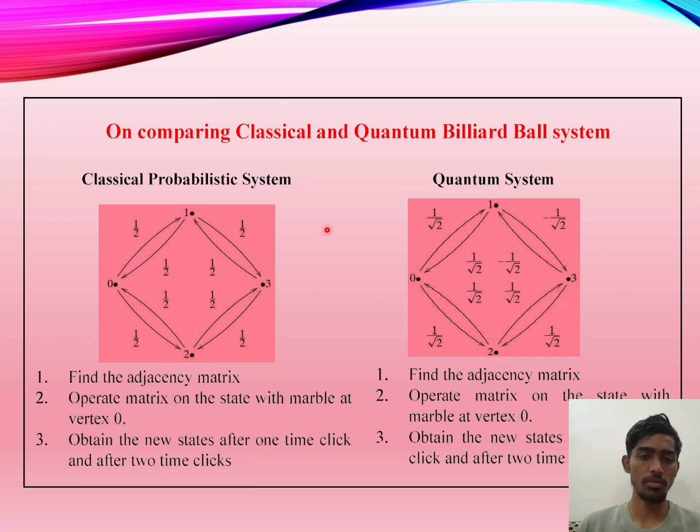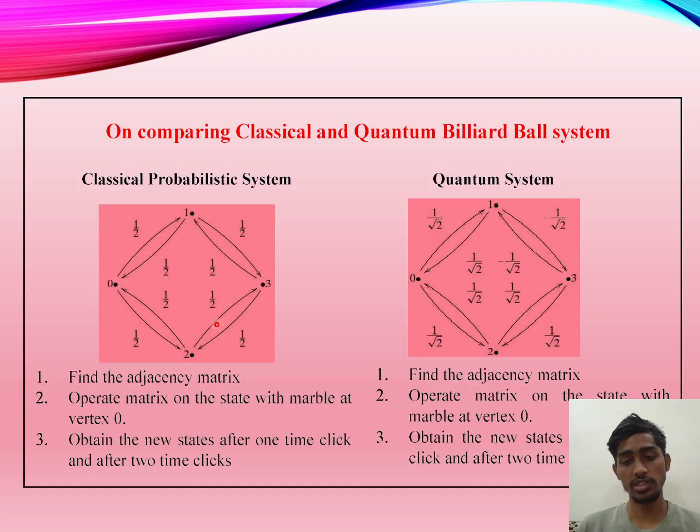Now the final part of this PPT is that we are comparing both cases, classical as well as quantum billiards. In the classical probability system and the quantum probability system, the first point is that in both we find the adjacency matrix. In both we find the marble on the state with vertex 0, vertex 1, meaning in both cases we start from the initial point as zeros.